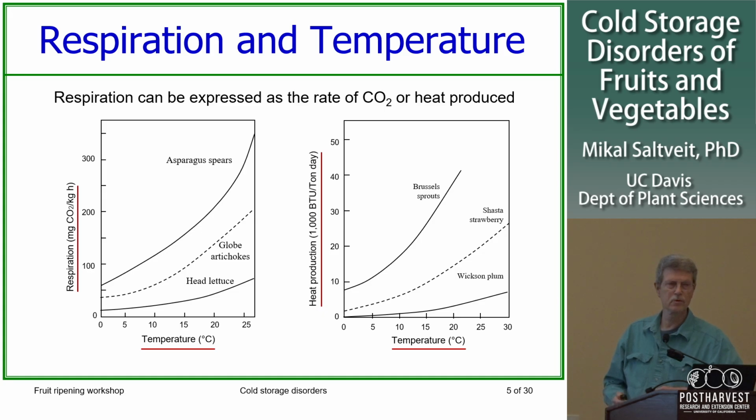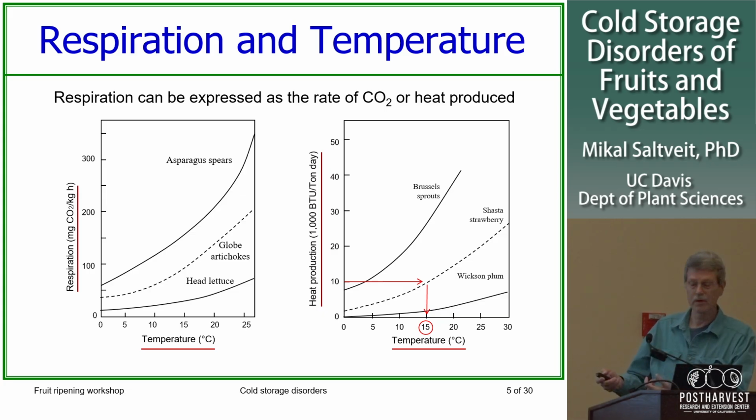So how could we use this to calculate the Q10? Well, we can look at the temperature and the respiration rate, or here, heat production. So at 15 degrees Celsius, we have 10 units of heat produced, right?